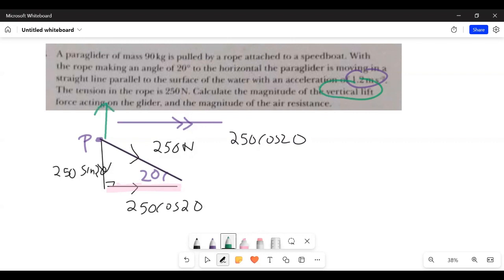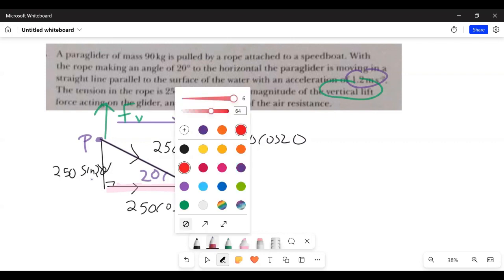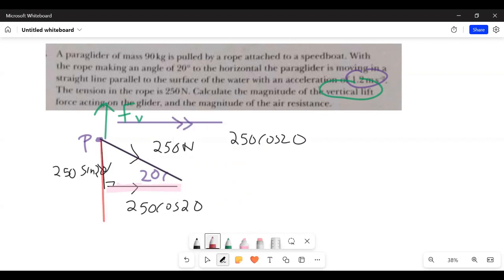This is the vertical lift force. This is what we have to find. So it's an upward force. Opposing it, there's a force downwards, which is 250 sine 20, the component of tension. Also opposing it is the weight. So there should also be another force acting downwards, which is going to be mg, which is going to be 900 newtons.